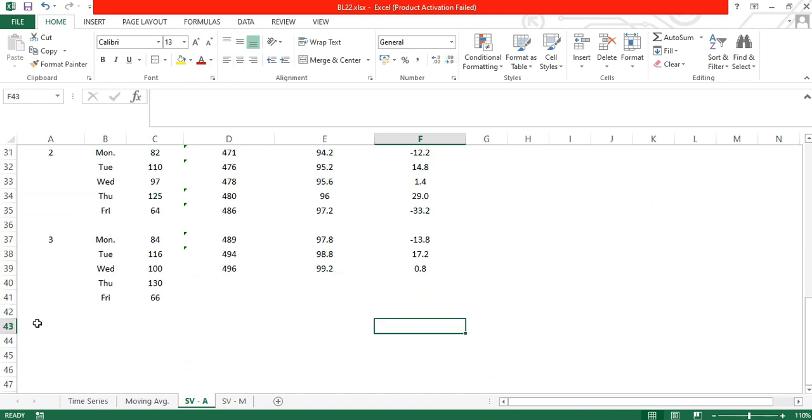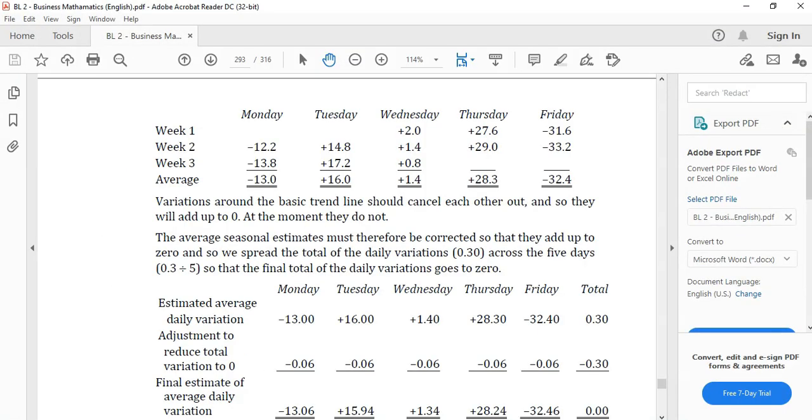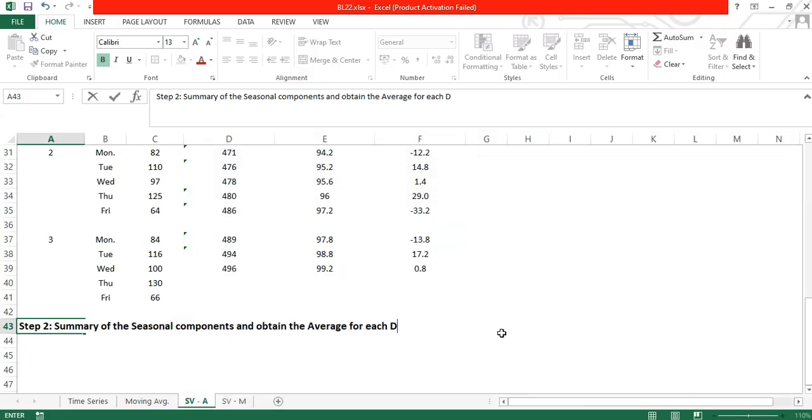Okay. Now step 2 is we have to build a summary of the seasonal components and obtain the average for each day or series.